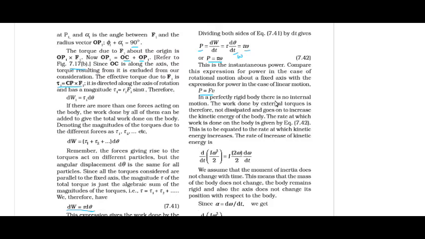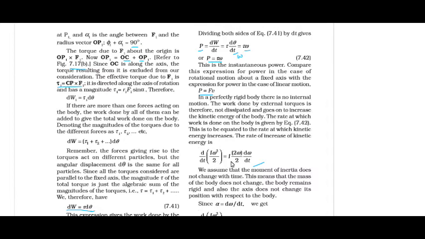In a perfectly rigid body, there is no internal motion. The work done by the external torque is therefore not dissipated and goes on to increase the kinetic energy of the body. The rate at which work is done on the body is given by equation 7.42. This is equated to the rate at which kinetic energy increases. The rate of increase of kinetic energy is d by dt of I omega square upon 2.